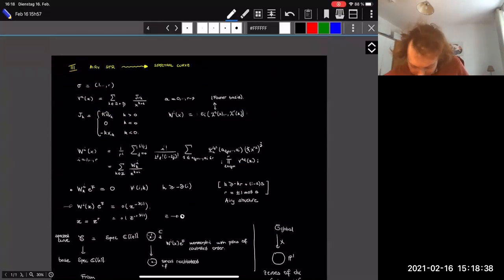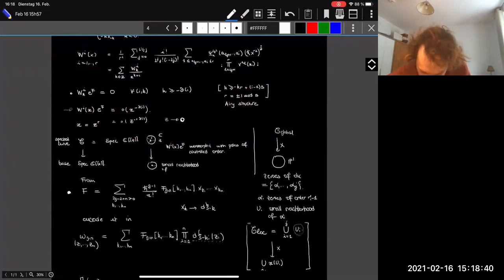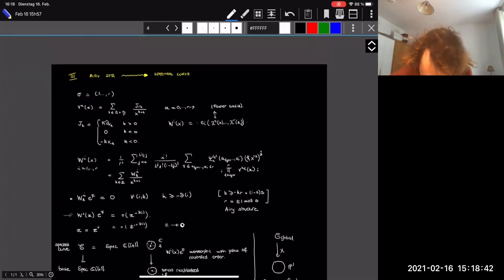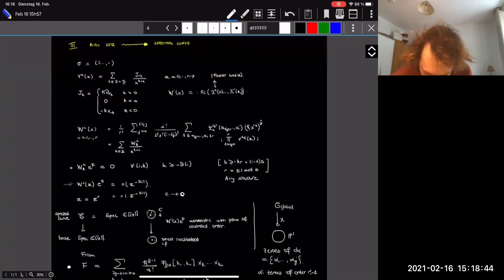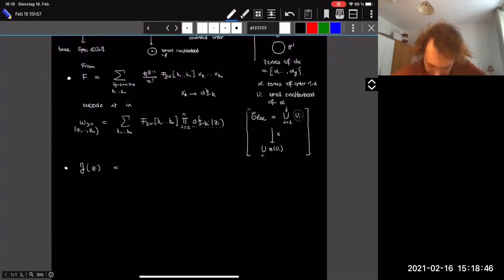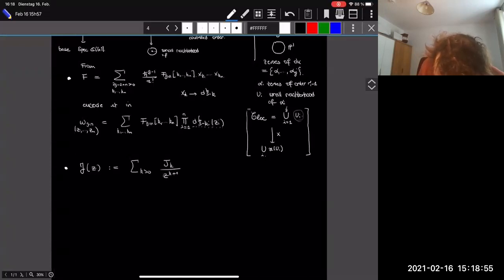So at the end, everything is expressed in terms of these Heisenberg operators, the J_k. So let's make a generating series for them. J_k over z^(k+1), and I want to make it a differential form, dz.